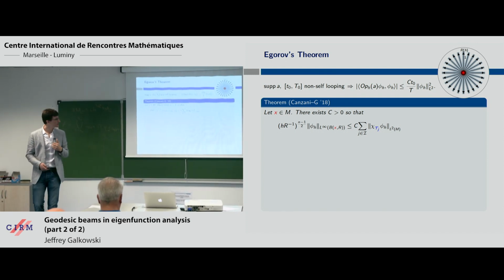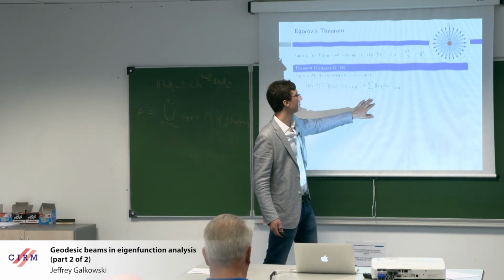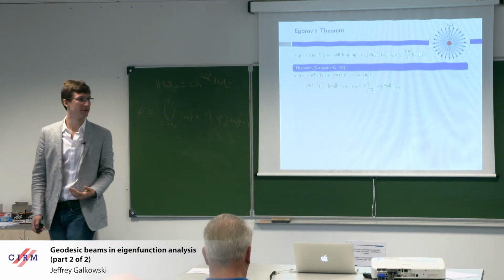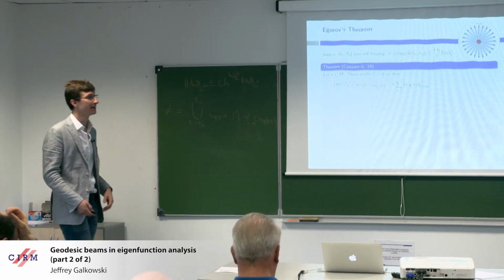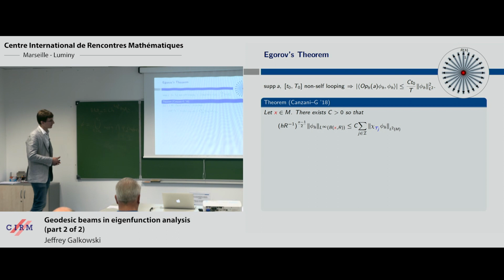Okay, and now I need to understand a good way to control this big sum. Remember, this is in principle a huge sum of terms. There is a polynomial in h growing number of terms, so you can't just stare at it and say, okay, it's bounded. That's not going to work out. You need to do something.